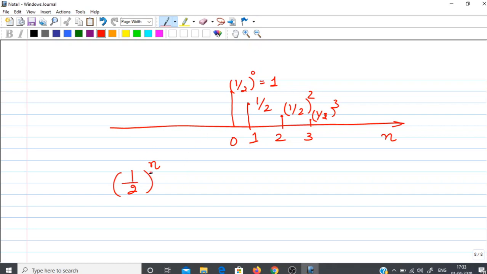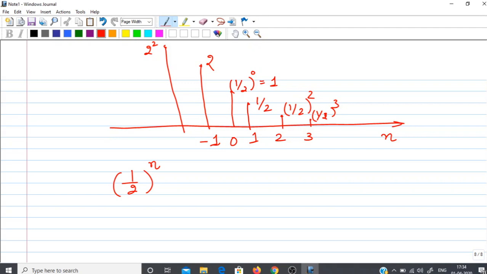Now what is the value at minus 1? You will put n equals minus 1. So at n equals minus 1, its value will be 2. What would be its value at n equals minus 2? It will be 2 squared, and so on. So in the negative side it is growing, but as n increases, its value decreases.